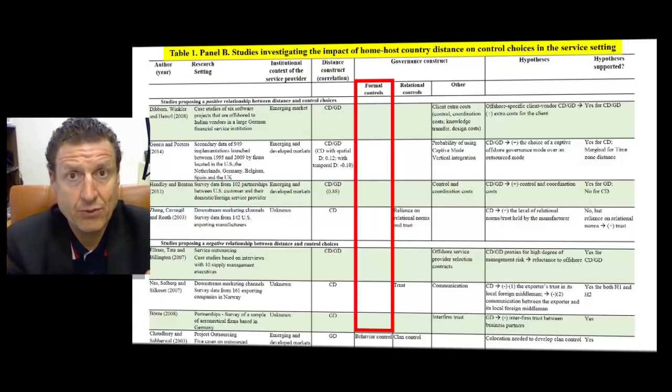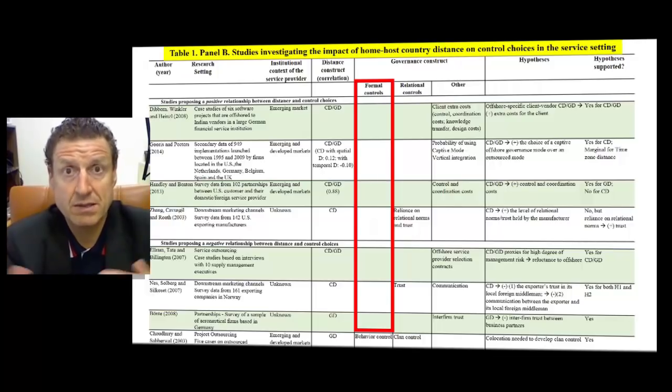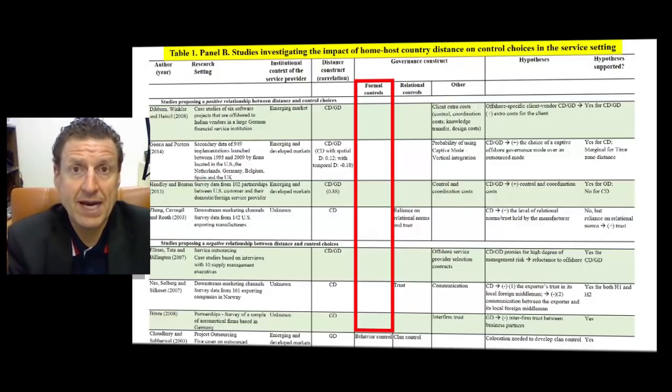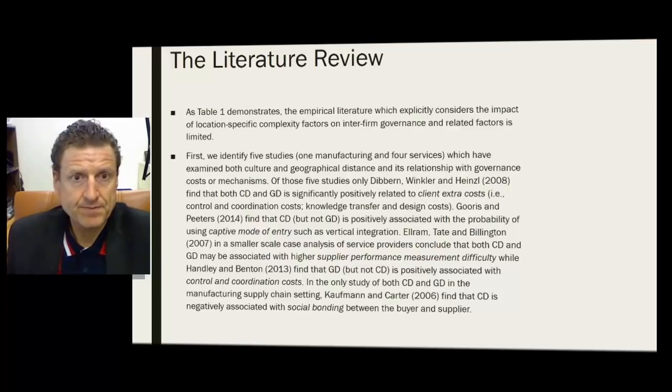And if you theoretically believe that institutional context matters to the theory that you are testing, then this is another column of distinction where you can differentiate the past literature from what you are focusing on in your current study.